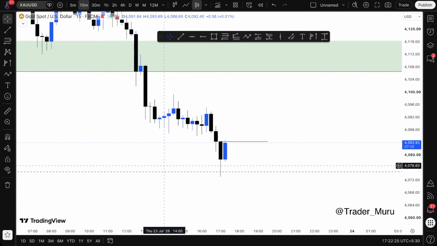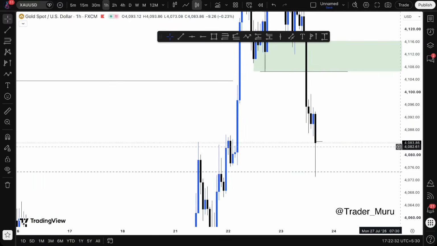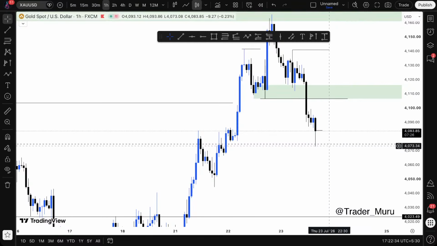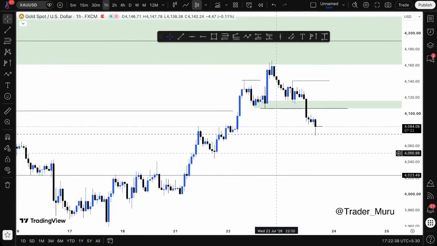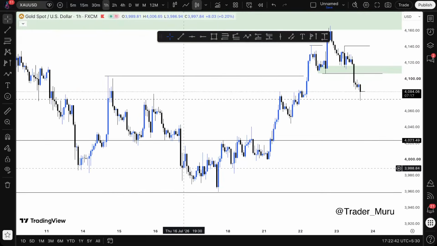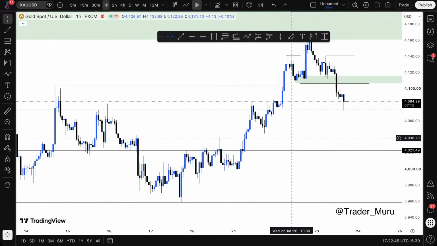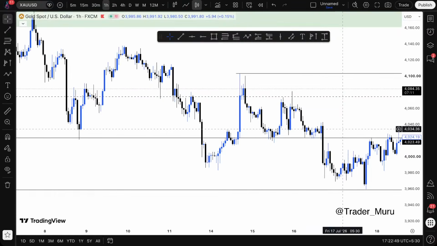H1 creating double bottom. Not double bottom, brother. Where is the double bottom? You call this a double bottom?